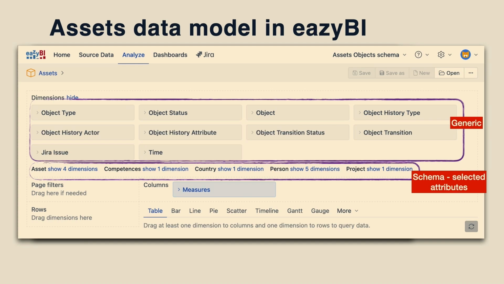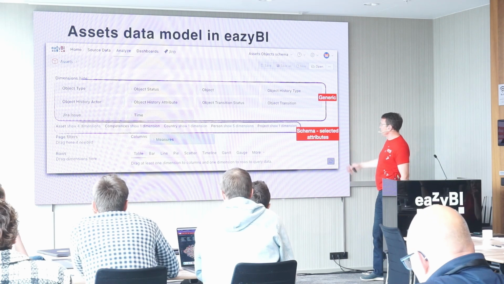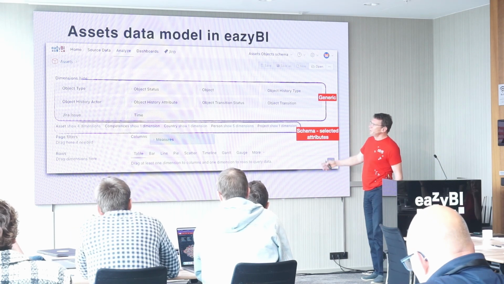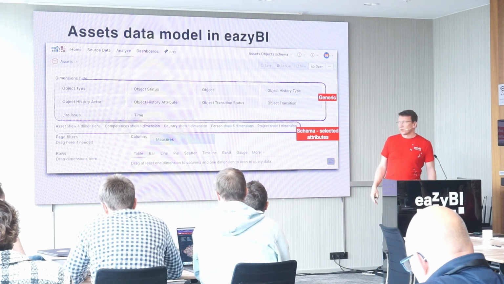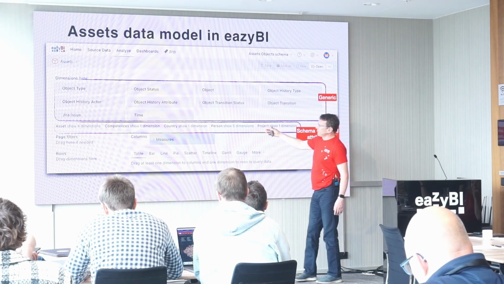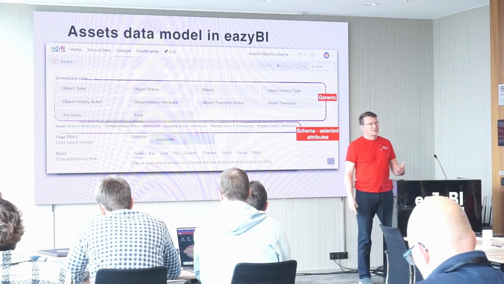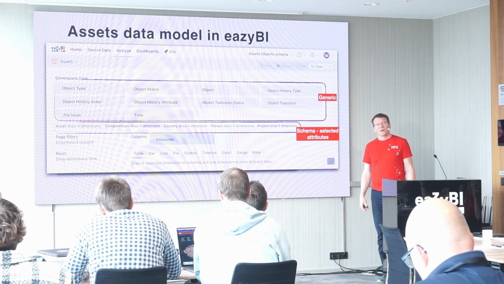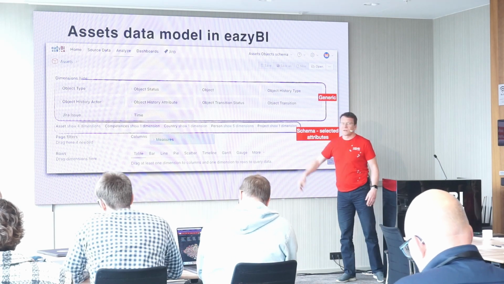This is how the data model usually looks when you import an assets data schema. There are all the default generic dimensions and schema-specific attributes which you have selected for your reporting needs. So those are specific object types, and also dimensions are those fields, those attributes which are linked object attributes for each object type.